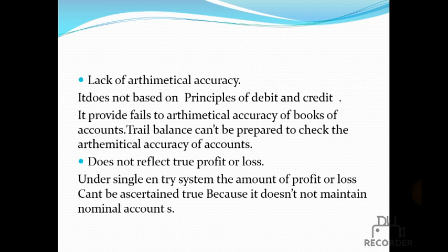Under the P&L account come the expenses that occur in the office: carriage outwards, salaries, bad debts, office salaries. That's why the double entry system shows the true profit or loss.